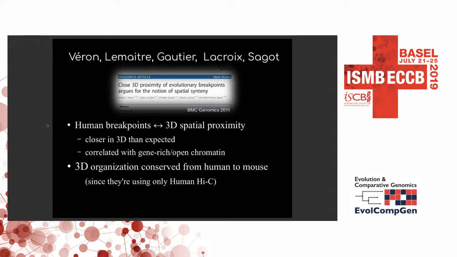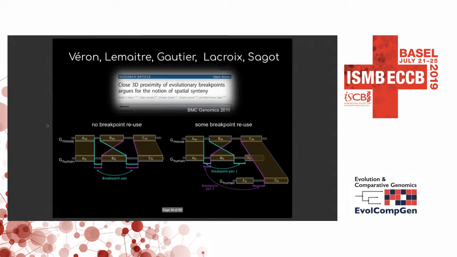They only used data from human, and given that they saw this pattern using only data from human, not mouse, they concluded that there must be some sort of conservation between the two species as well.